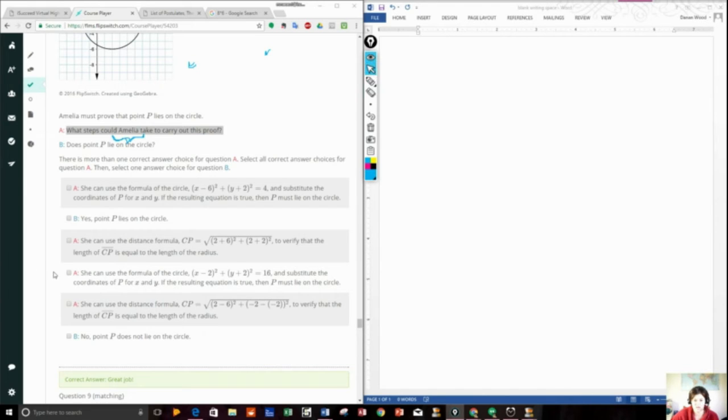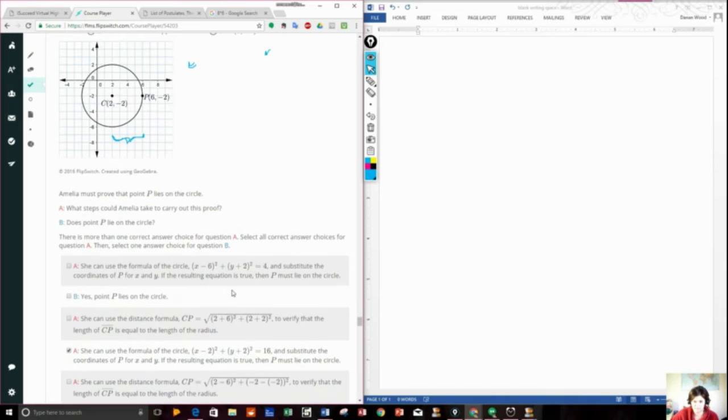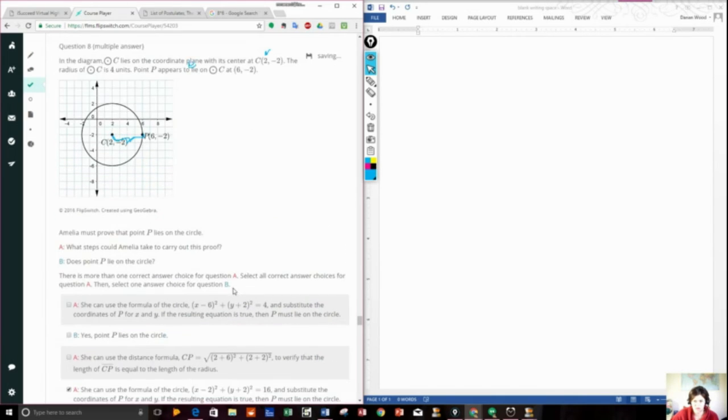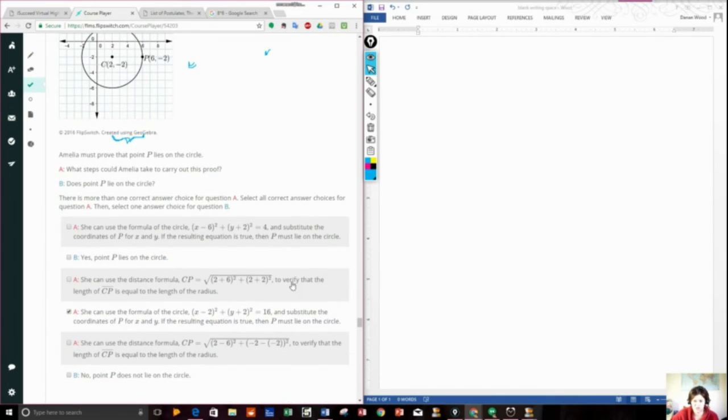So that is true, and the reason why is because if I plug in the points 6 and -2 here and simplify this out, I know that this is my radius squared, so it has to come out to be the same value in order to have the same radius.